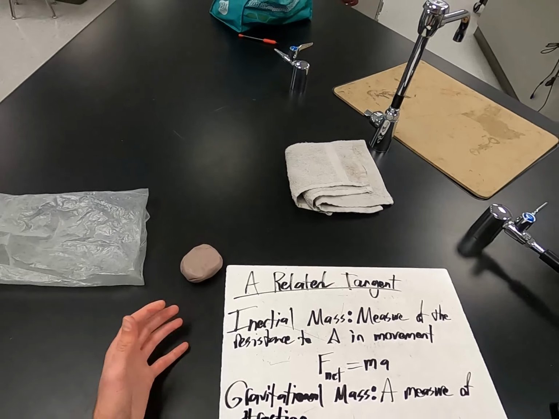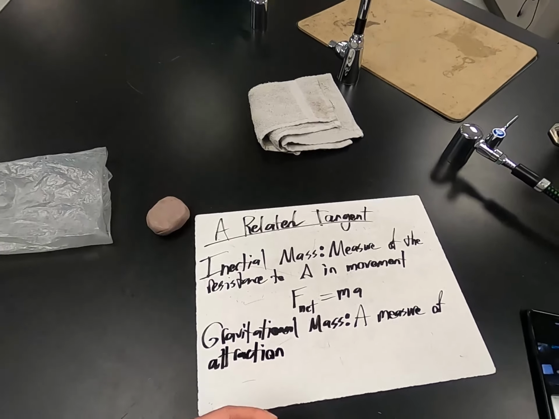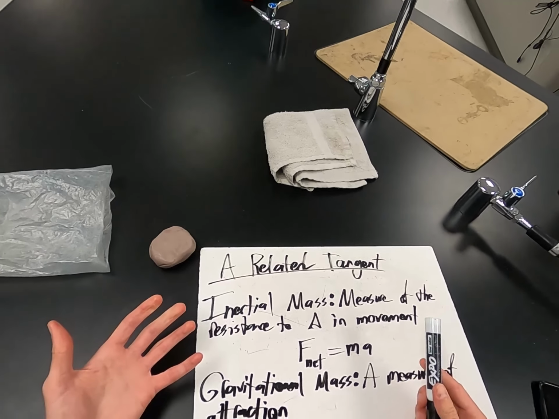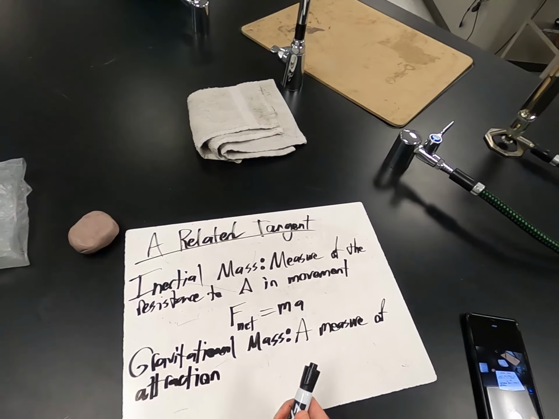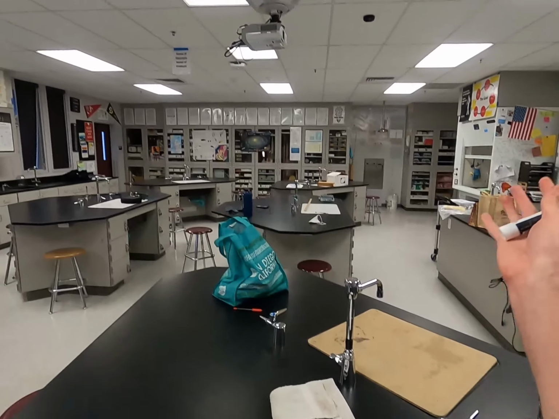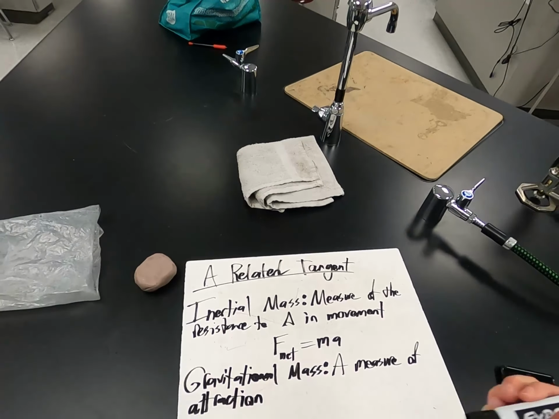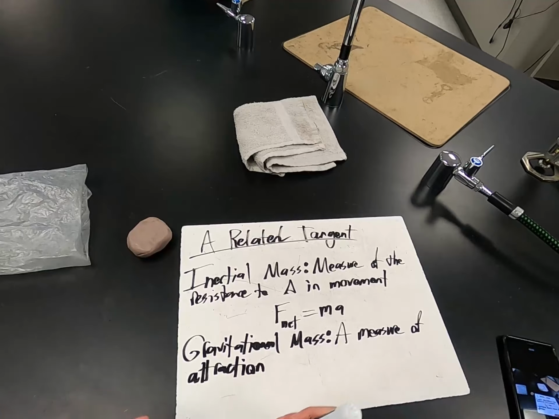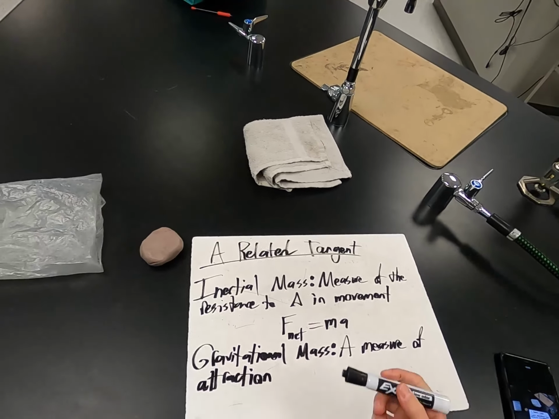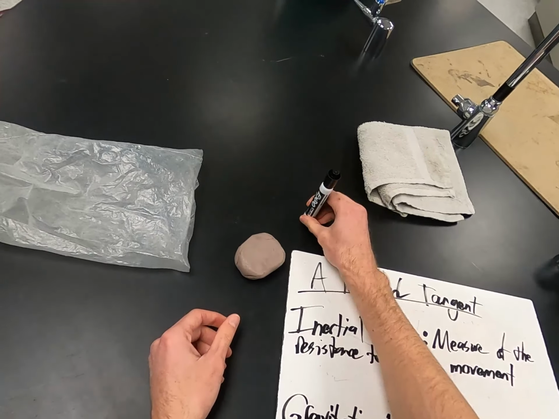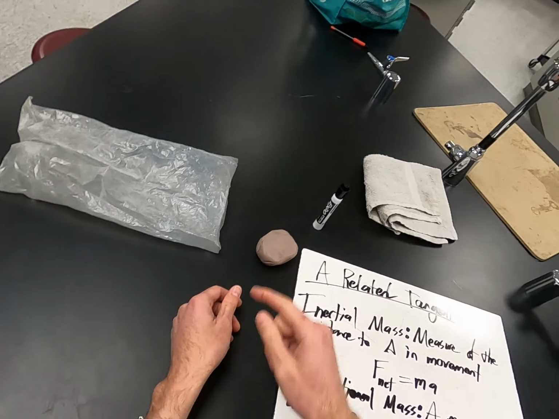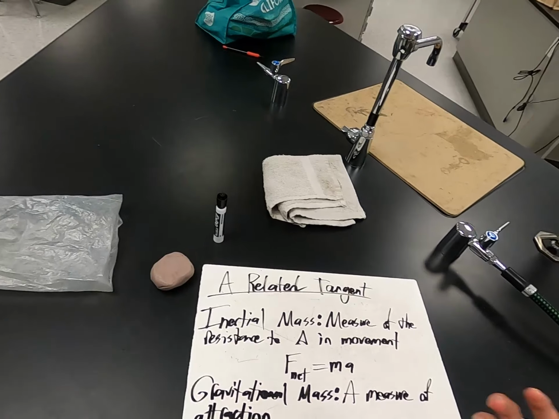But really, it's how two different objects that have mass do in fact attract each other. It's why you are sitting in your chair or laying down or standing, compared to just flying up about the room and leaving the atmosphere and floating off into space and dying, right? It's a measure of attraction between objects because, oddly enough, this pen and this blob of clay actually are attracted to each other.